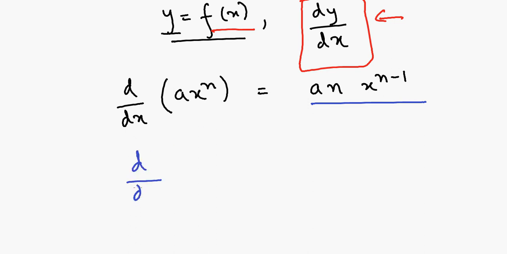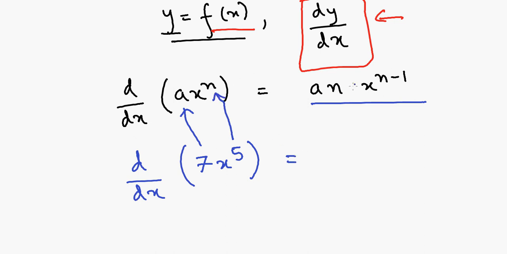So let's take, for example, let's try to differentiate something like 7x to the power of 5. If I compare 7x to the power of 5 with the formula above, we notice that a is 7, x remains x as usual, and 5 is n in the formula.